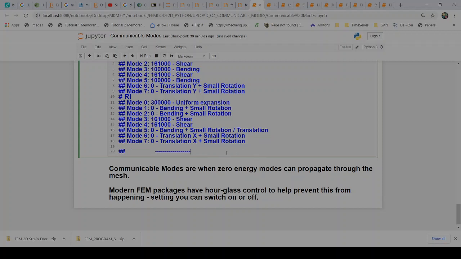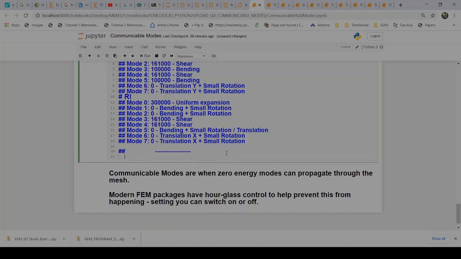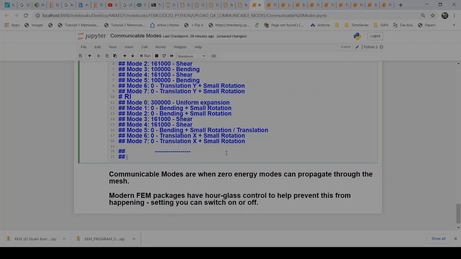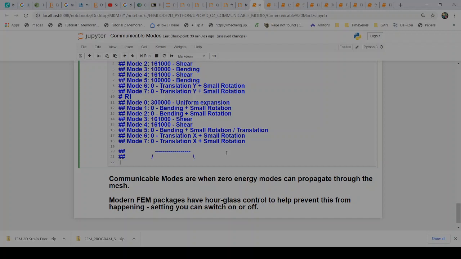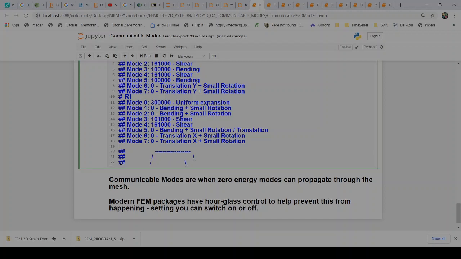Okay, so if I draw that sort of crudely. So if I say the element can, let's do this like this.